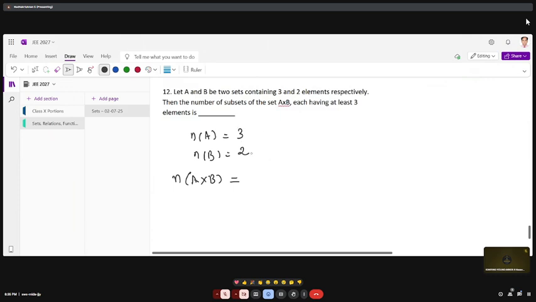Here there are 3 and here there are 2, so n of A cross B is n of A into n of B, which is 6.